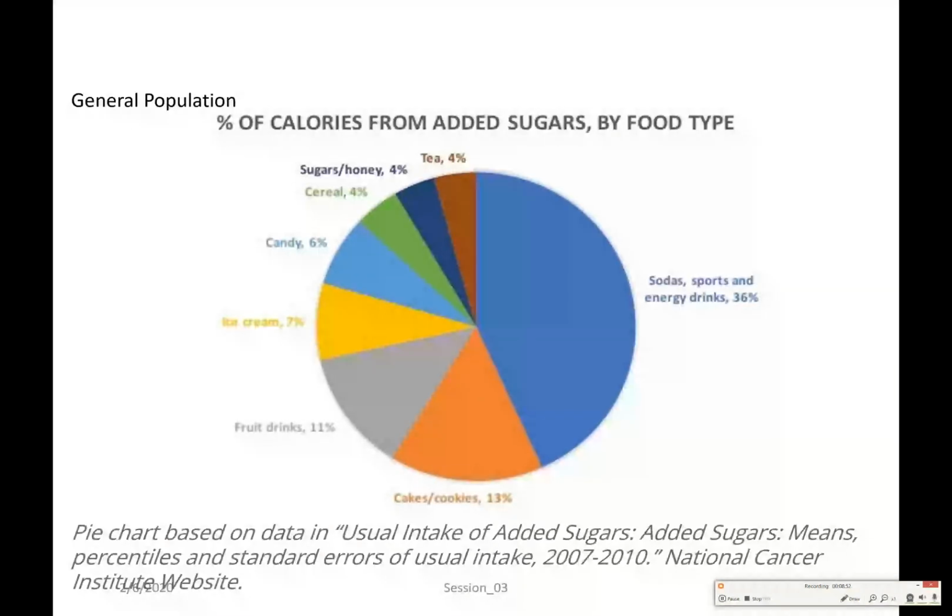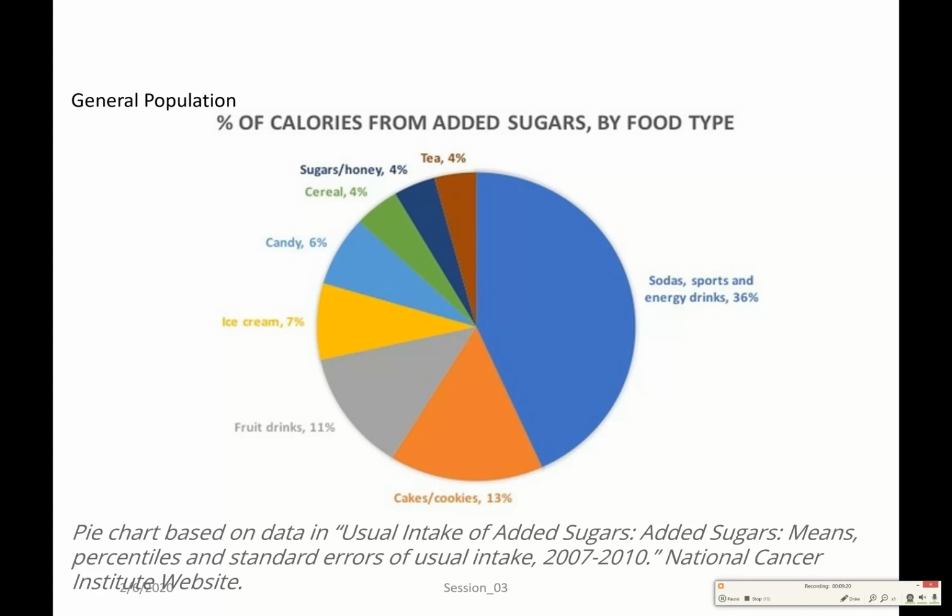All right, so this gives you a percentage of calories from added sugars by food type. So based on this, from the general population, the sources of calories, where do most of the calories come from? Yes, soda, sports drinks, energy drinks.